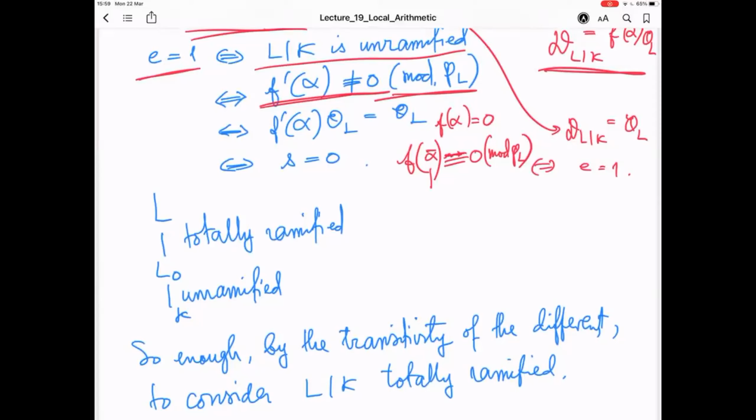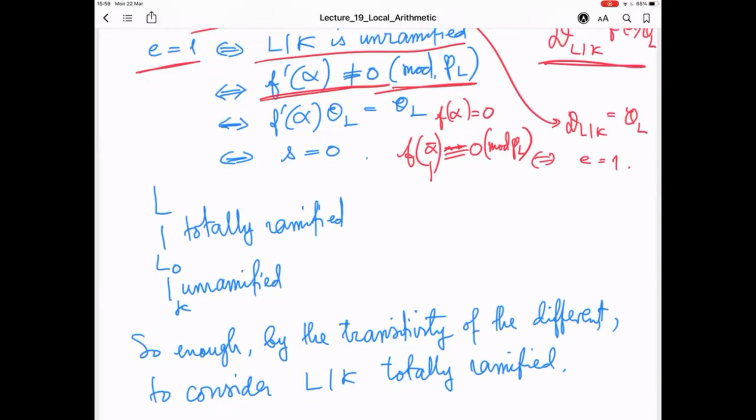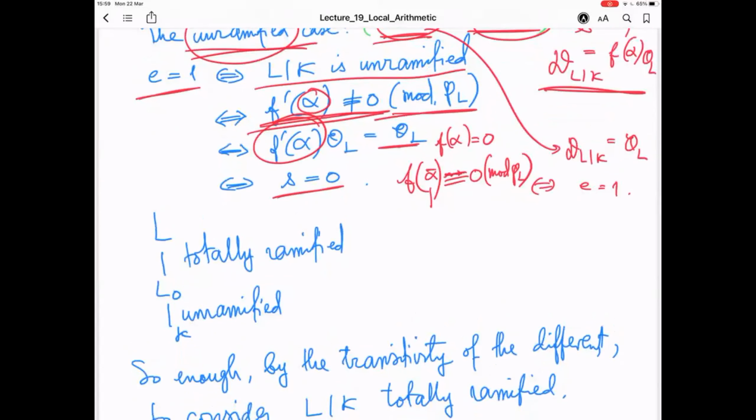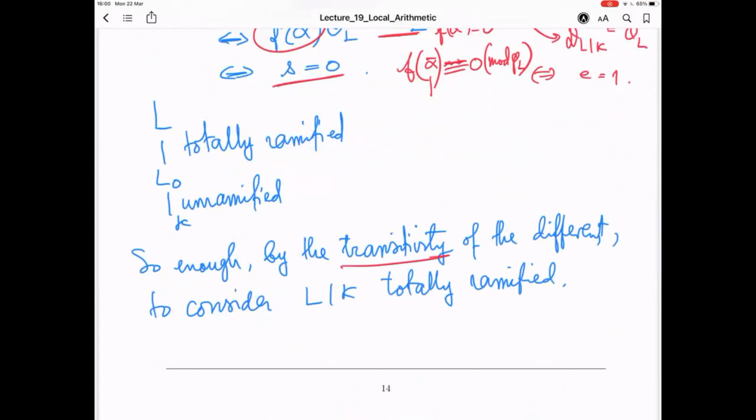So now that we have taken care of the unramified case, what one can do by transitivity is that one just needs to look at the unramified case and the totally ramified case.